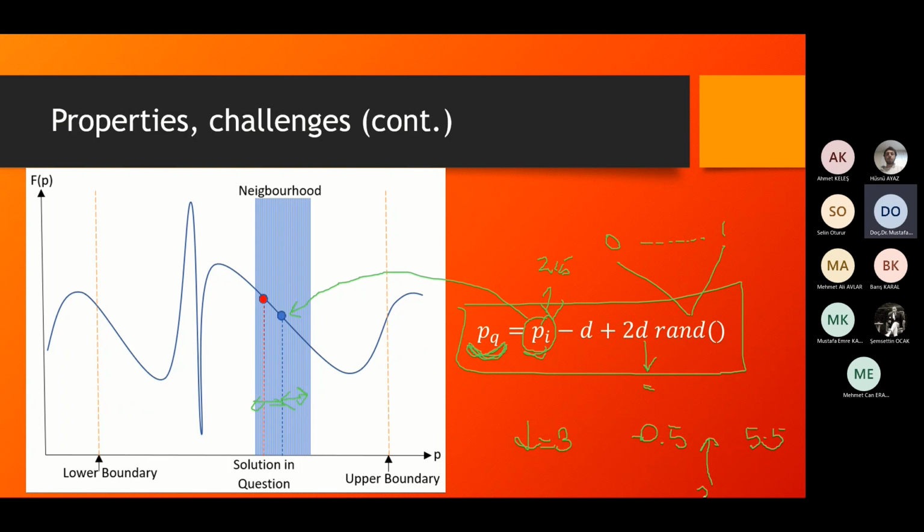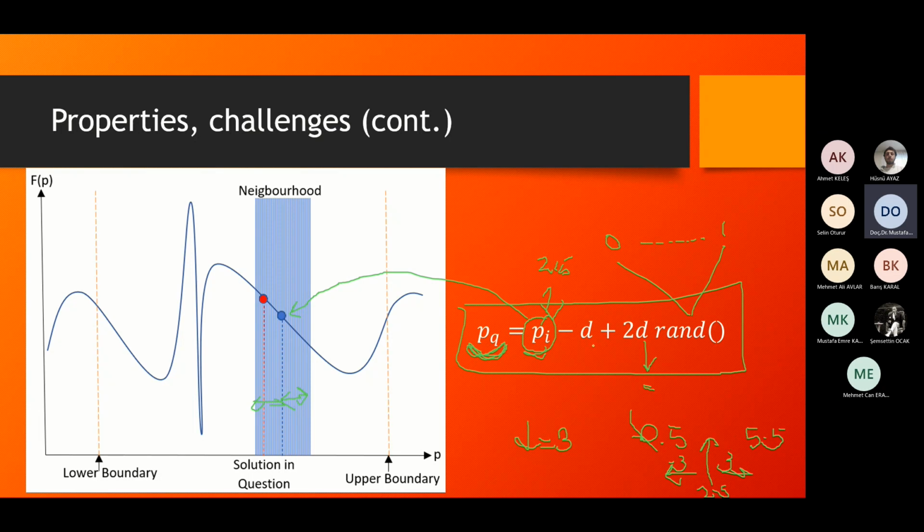So plus minus 3: if it is minus 3, it will be minus 0.5. If it is plus 3, it will come up to 5.5. So the solution should be somewhere between these two values.